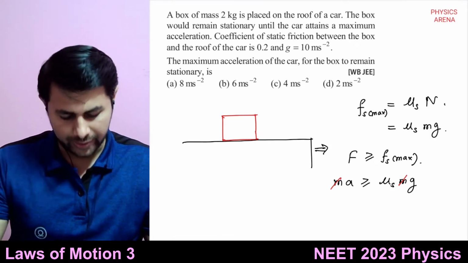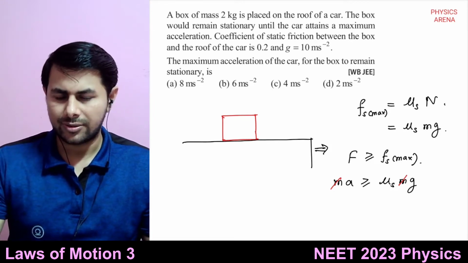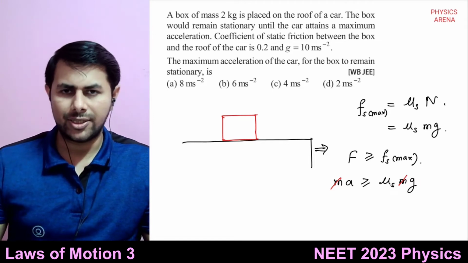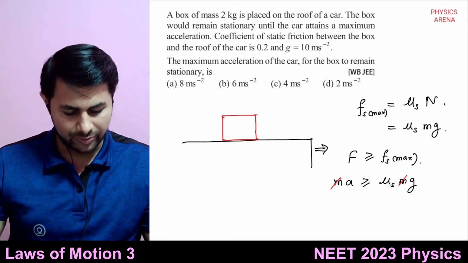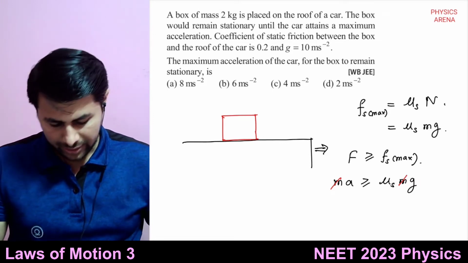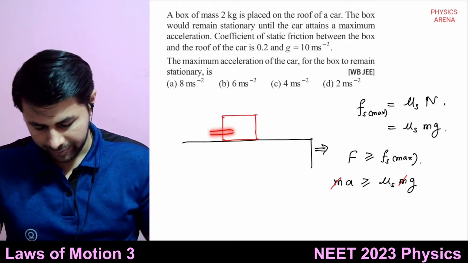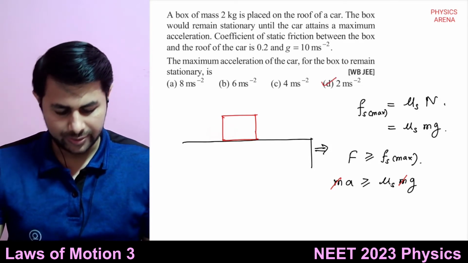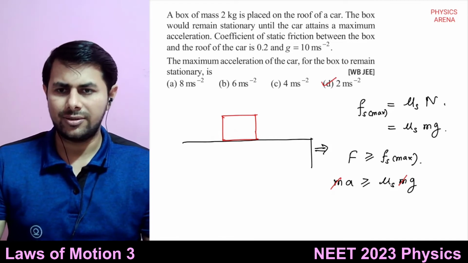Yeah, 2 meters per second square. So if acceleration is greater than or equal to 2 meters per second square, then this block will begin to slide, not before that. This is clear?